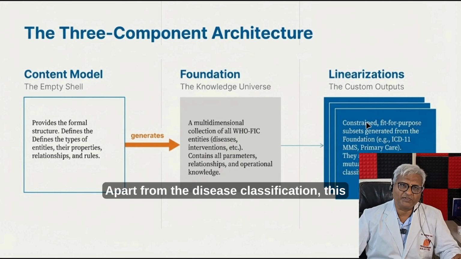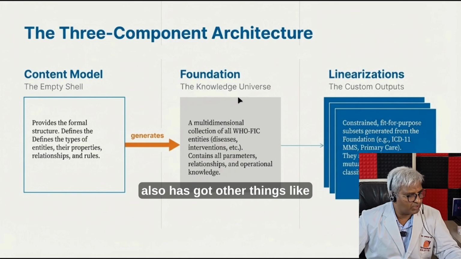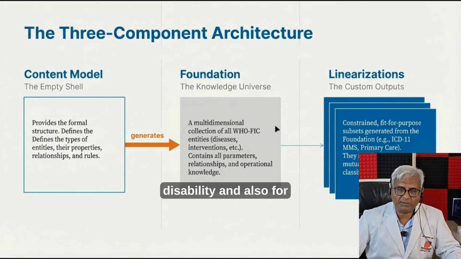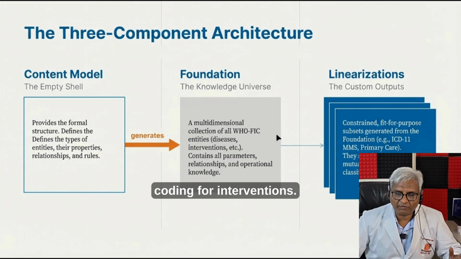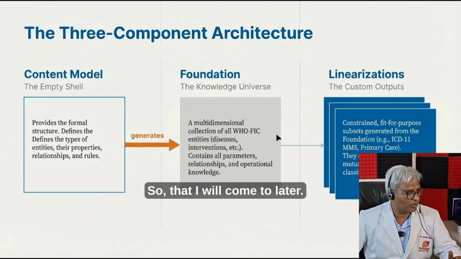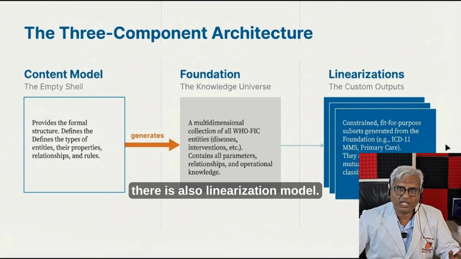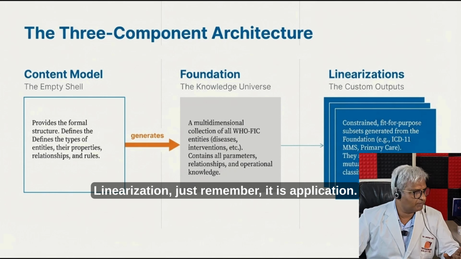Apart from disease classification, ICD-11 also has other things like functional disability and coding for interventions. I will come to that later. In the basic, simple model, there is a content model, a foundation model, and a linearization model. Just remember, linearization is application.